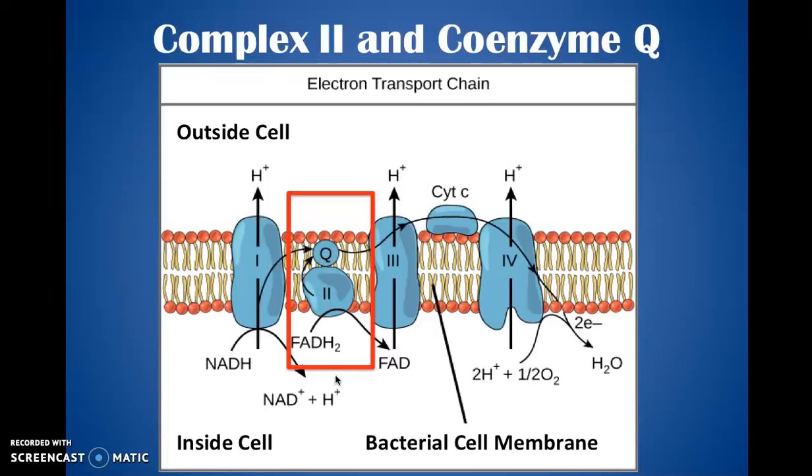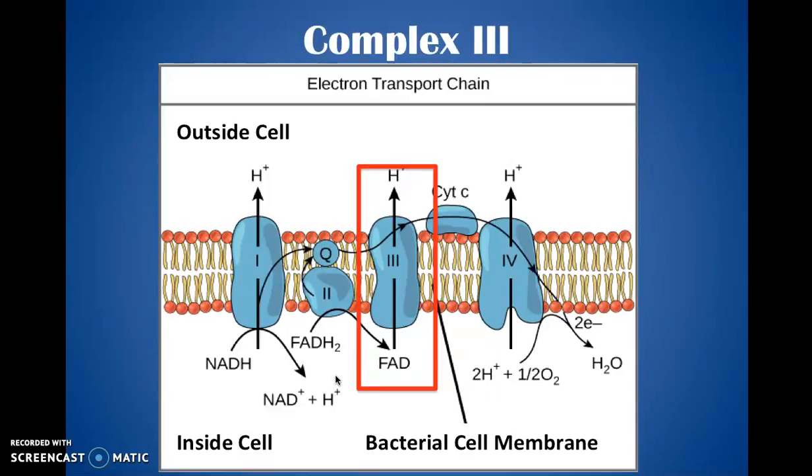And so complex 2 is not going to be able to pump protons out of the bacterial cell. And so then complex 2 passes its electron to coenzyme Q, which is going to be reduced to form QH2, and this coenzyme Q is going to deliver these electrons to complex 3.